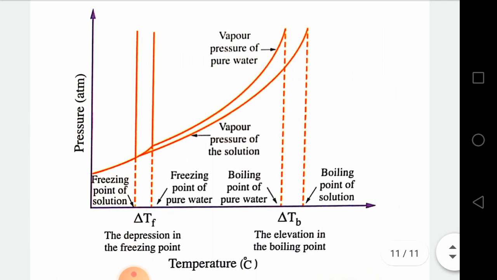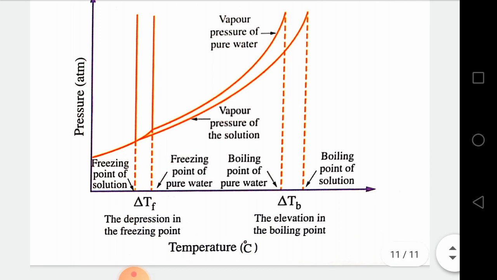And this graph illustrates the relation between temperature and pressure and the elevation in boiling point and depression in freezing point. For sure it is clear that pure water has higher vapor pressure, lower boiling point and higher freezing point in comparison with its solution.